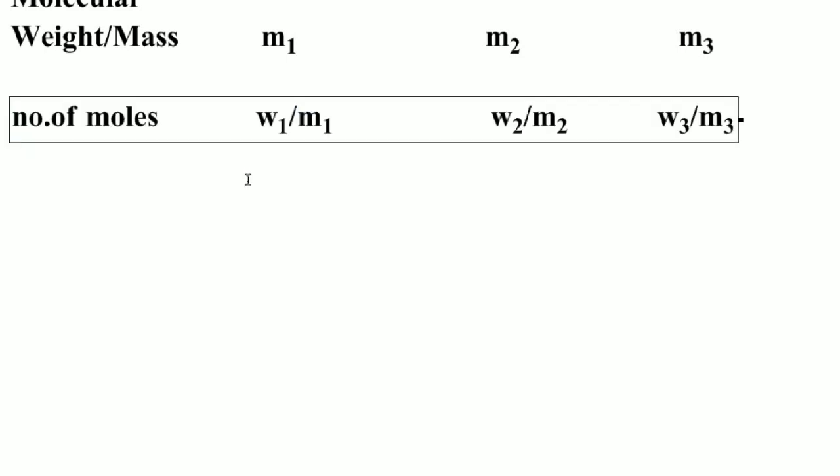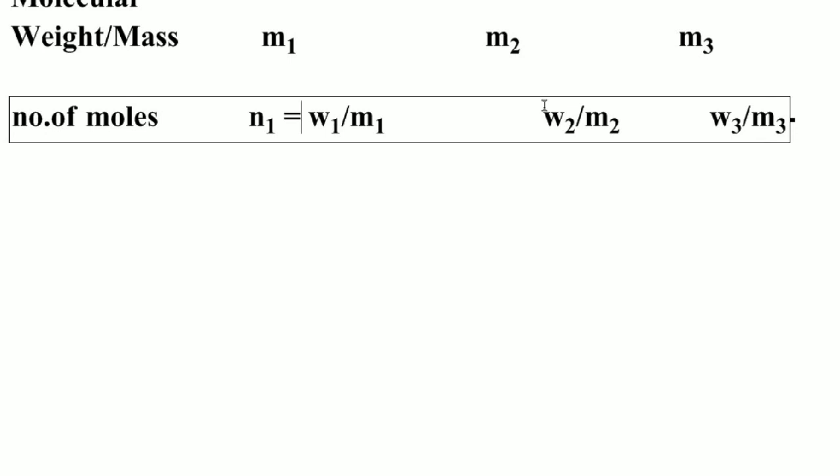So let us consider, students, the number of moles of A is assumed as small n1. N1 is the number of moles of component A. Similarly, the number of moles of component B is assumed as N2.